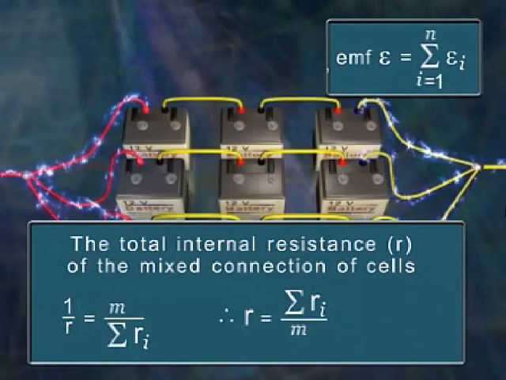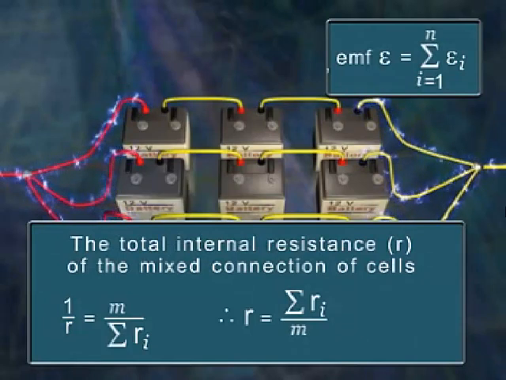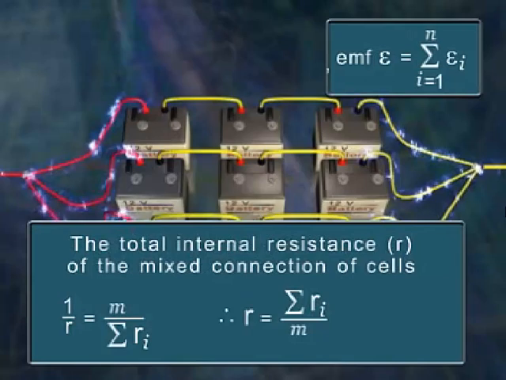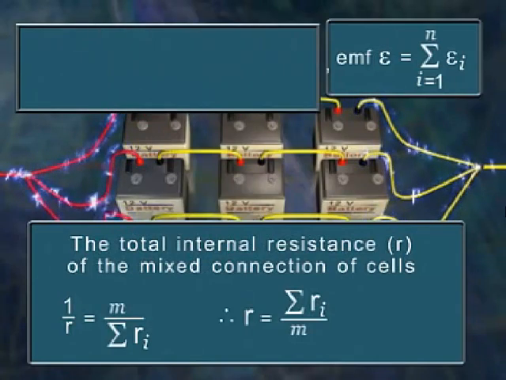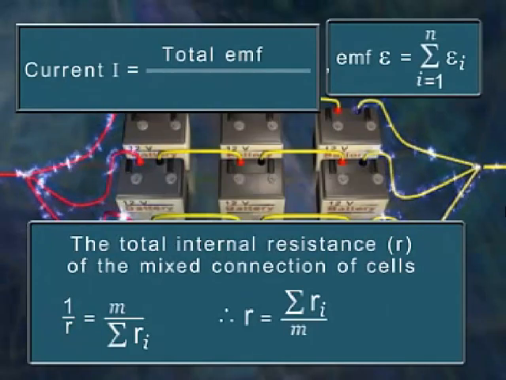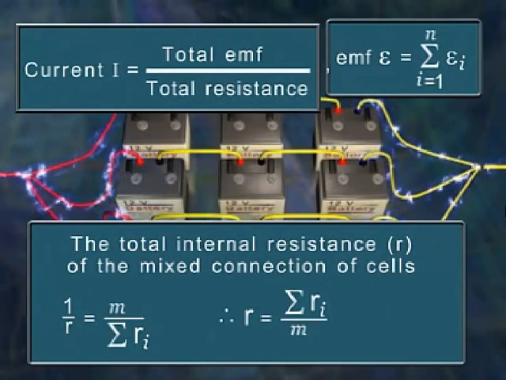The total EMF of the above circuit will be equal to EMF epsilon, since all the series of cells are connected in parallel. Current I is equal to total EMF upon total resistance.